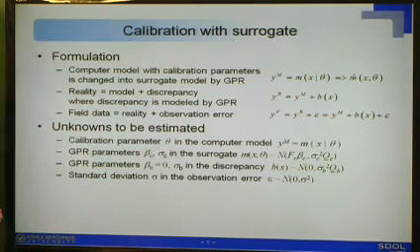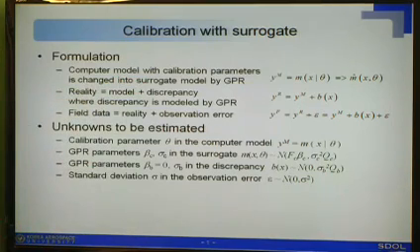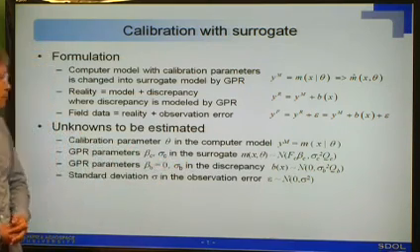The next one is the Gaussian process parameters that appear in the surrogate model of the computer model, which I term beta C and sigma C, where C denotes the computer. The third is another set of Gaussian process parameters used in the discrepancy.